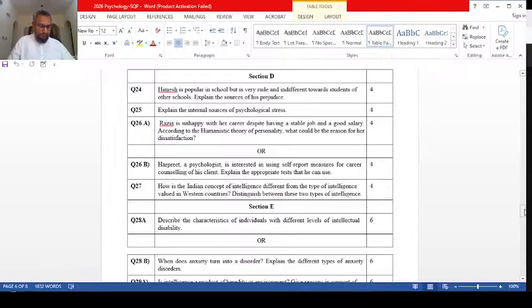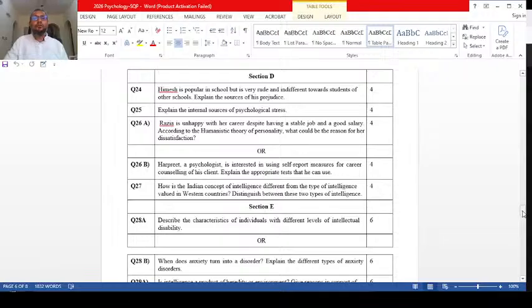The sources of prejudice: learning, scapegoating, kernel of truth, strong social identity and in-group bias. Any four you can add for this question.